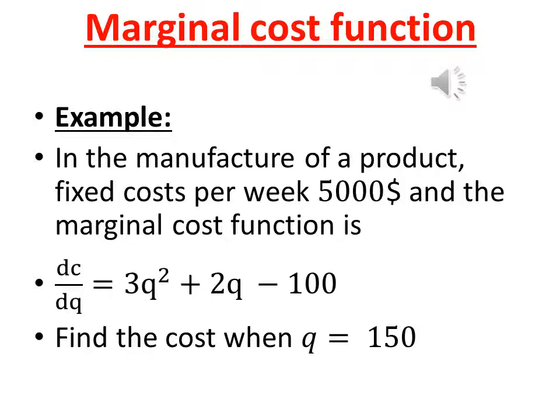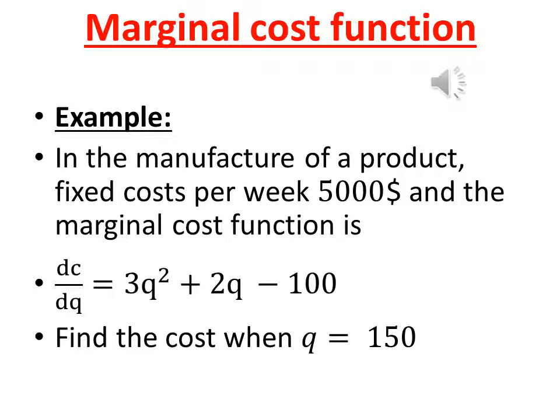Here we take C as equal to 5,000, and the marginal cost function is dC/dq. C is the cost, dC/dq is the marginal cost, equal to 3q^2 plus 2q minus 100. Find the cost first.